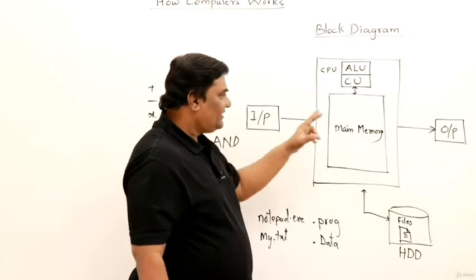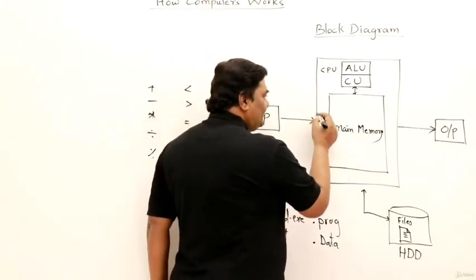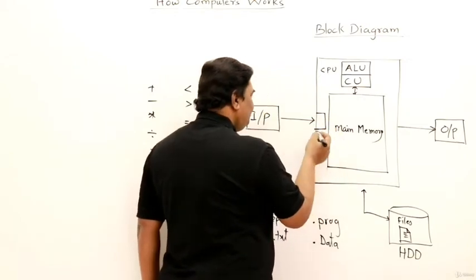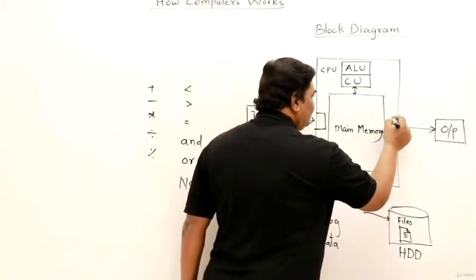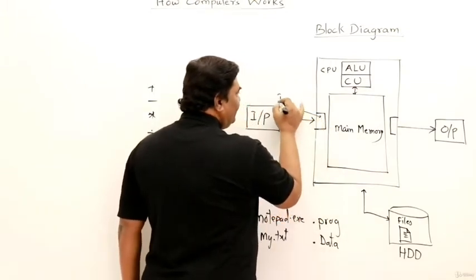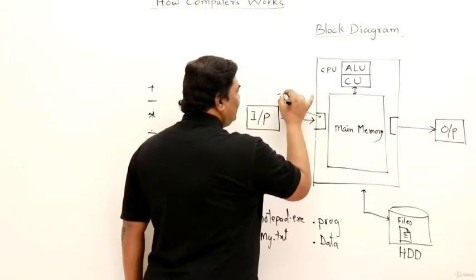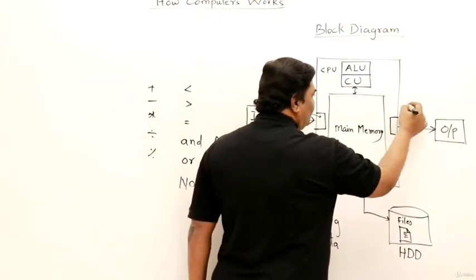These input and output devices are connected to the system, and they have their own memory. I'll show it like this. This is the memory belonging to the input device, and this is the memory belonging to the output device. This I will call the input buffer. This is a buffer, this is the memory, and similarly that is the output buffer.